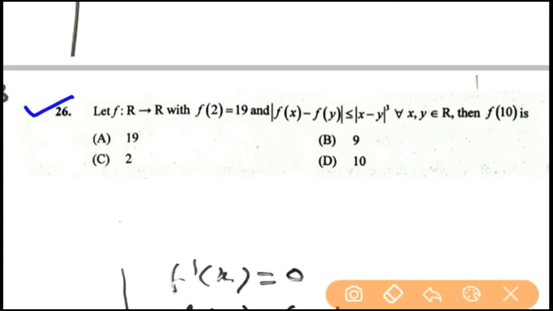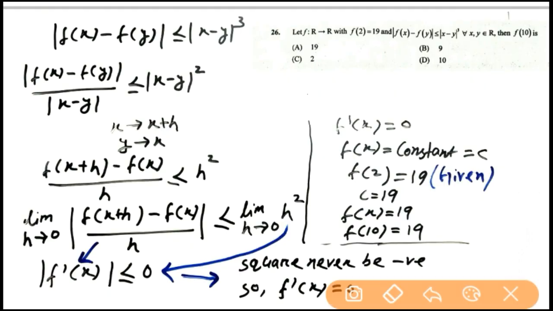Coming to the next question, let f be a function from R to R with f of 2 equal to 19 and modulus of f of x minus f of y is less than or equal to modulus of x minus y cube, where x and y are real numbers. Then f of 10 is, we have modulus of f of x minus f of y less than or equal to modulus of x minus y cube.